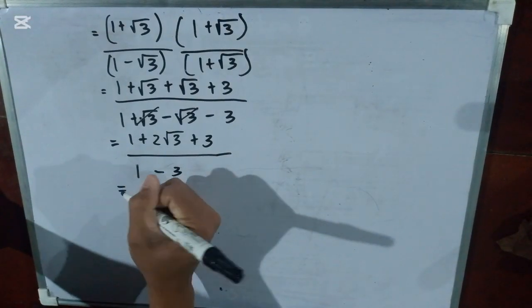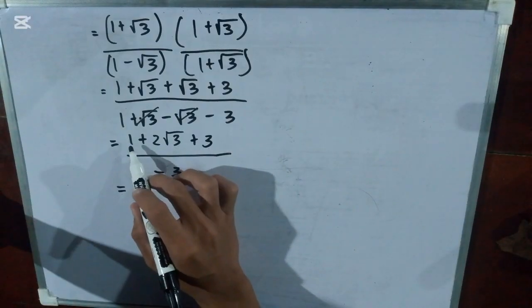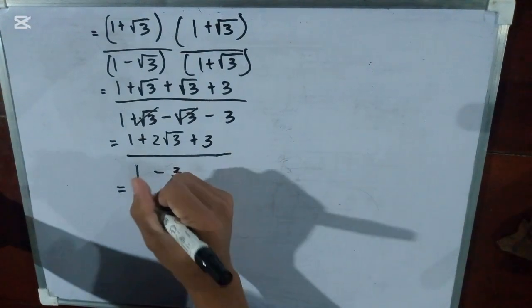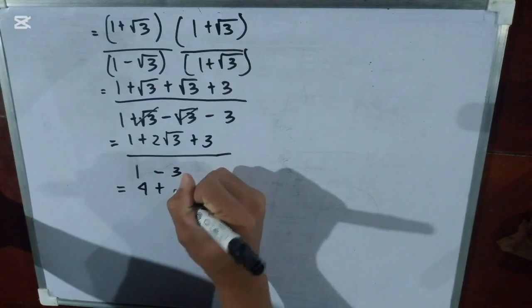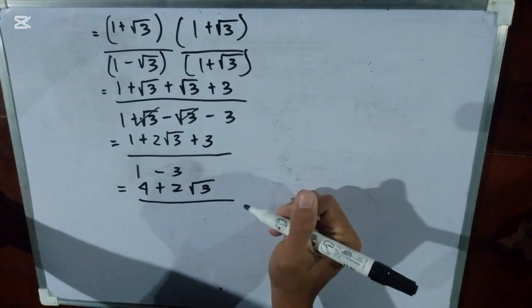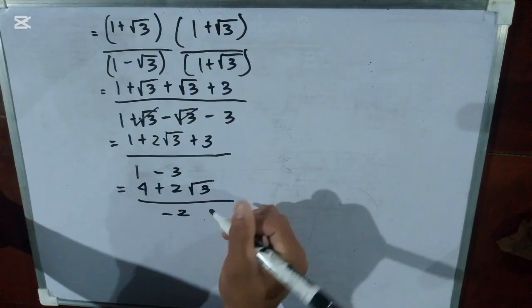Next, let us continue adding the whole number, which is the 1 plus 3. So it becomes 4 plus 2 root 3 over 1 minus 3 plus negative 2.